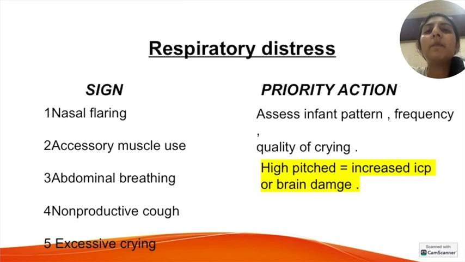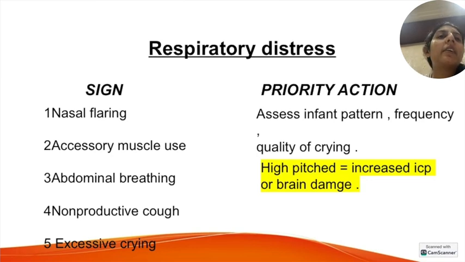Typically new mothers will come seeking help for an infant that cries all the time, not knowing that's perfectly normal. For infants, crying around 1 to 3 hours in a day for various reasons is normal, like hunger, thirst, pain. So the priority nursing action on the basis of NCLEX: we always assess the infant's pattern of frequency and time of crying.